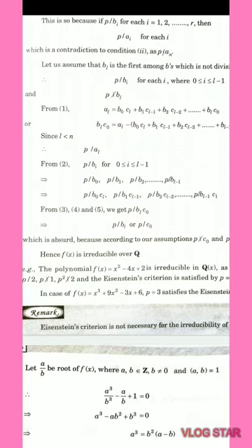Also p does not divide bl. So our assumption is wrong. Therefore, f(x) is irreducible over Q. Hence the Eisenstein's irreducibility criterion's proof.